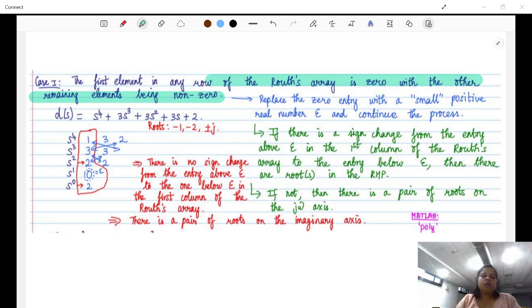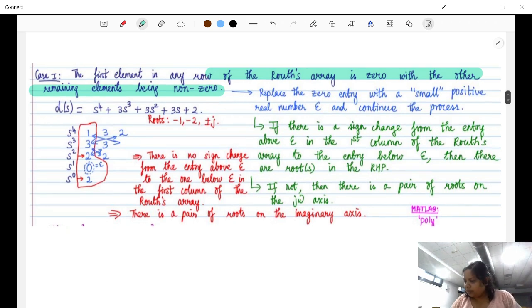If the entire row is 0, it is some other condition of radially opposite roots. But if just one of the elements is 0, the first element in any row, then you would know that there is a pair of roots on the imaginary axis. Okay, so that is what is told here.